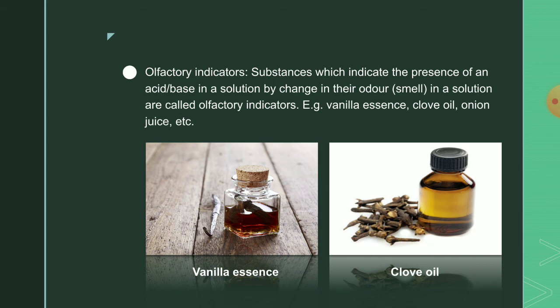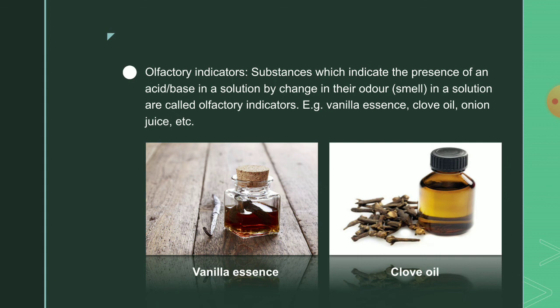So let us come to the definition of olfactory indicators. Substances which indicate the presence of an acid or base in a solution by a change in their smell are called olfactory indicators.